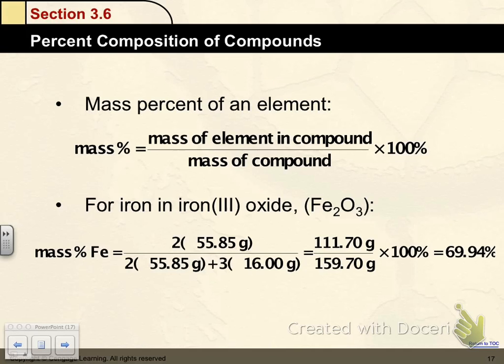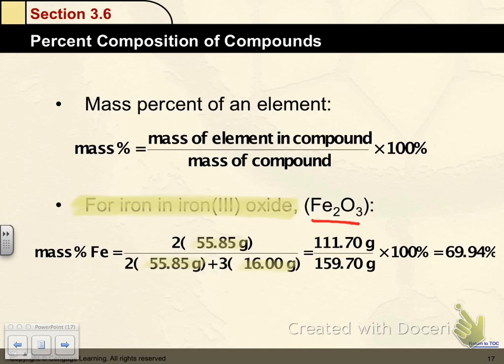We're going to call it iron 3 oxide. So take a look at iron 3 oxide, and we might want to say, how much iron is there in iron 3 oxide? Now that we know this idea of molar mass, we can figure this out. If we can write the formula correctly, Fe2O3, we know that there's 2 iron atoms and 3 oxygen atoms in one formula unit of iron oxide.